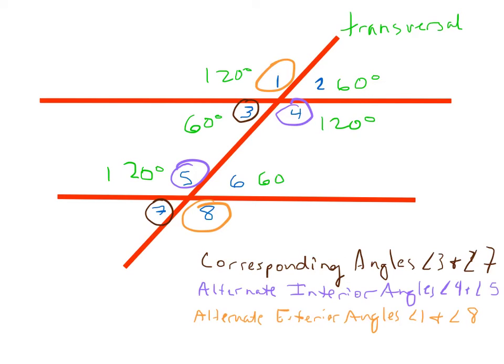So this one will be 60, this will be 120. So just by knowing one of these angles, we can figure out the other 7 angles. And we'll go on to do that here in example 2.